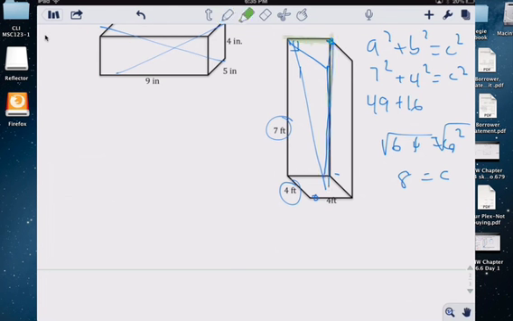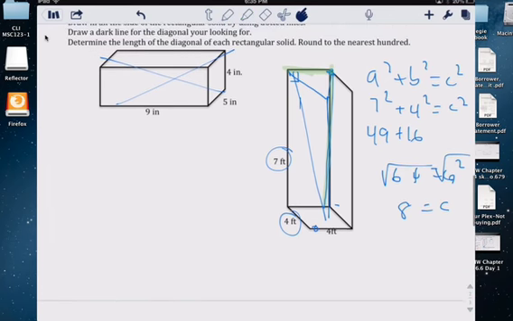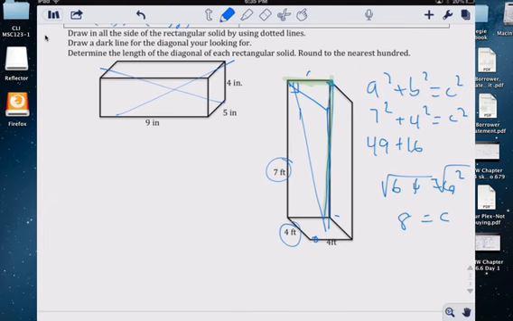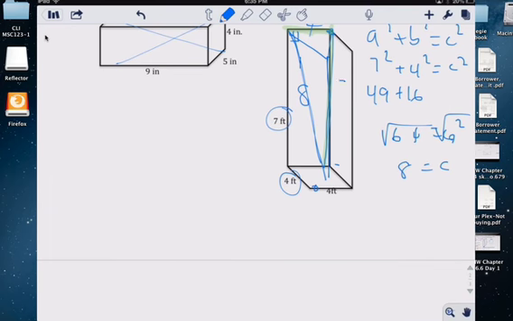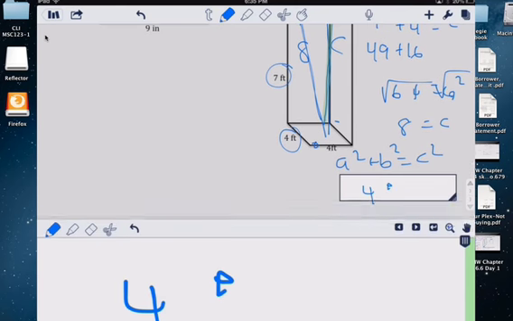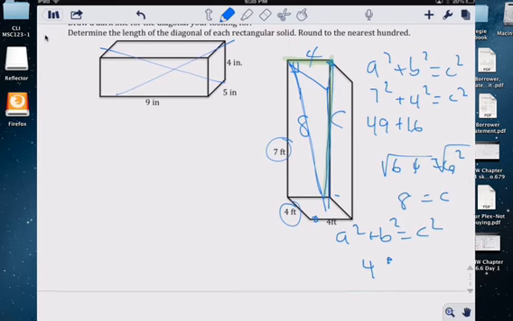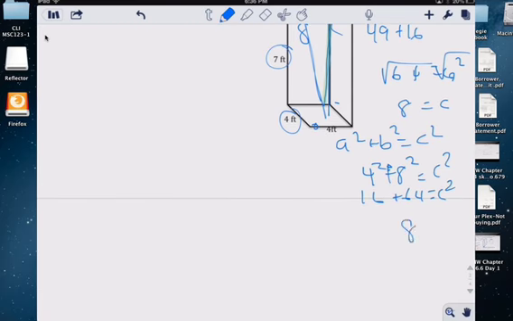This height here is 4. This diagonal is 8, and c here, a squared plus b squared equals c squared. I'm so tired. 4 plus 8 squared equals c squared. That's 16 plus 64 equals c squared. 80.